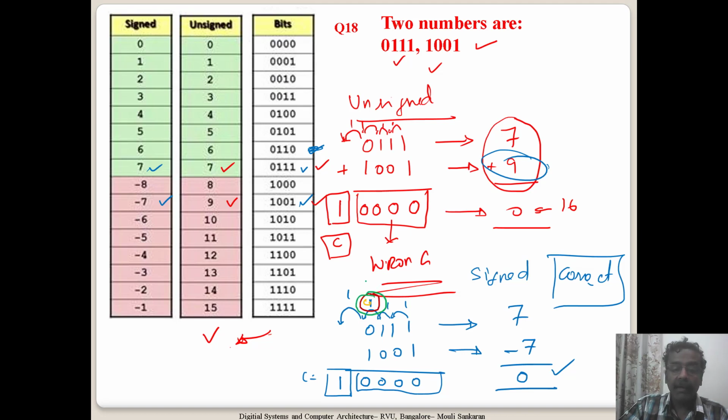Let me call it carry A, and this is carry B. Now carry A and carry B are two values which, when you are doing 4-bit arithmetic, are the last two carries, always taken in and fed to an XOR gate. XOR gate.